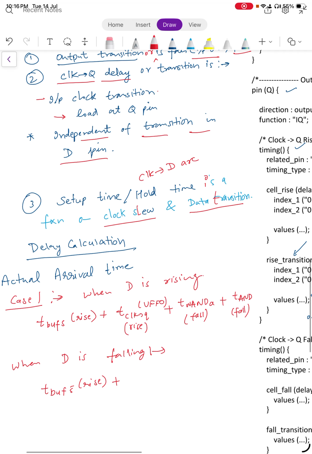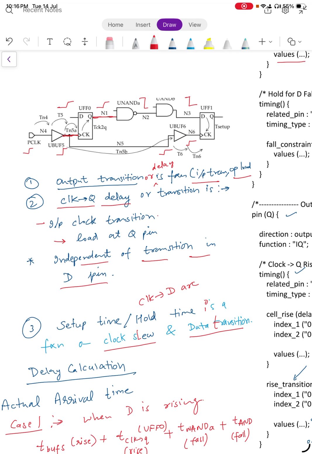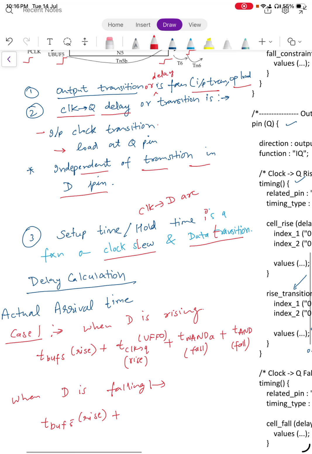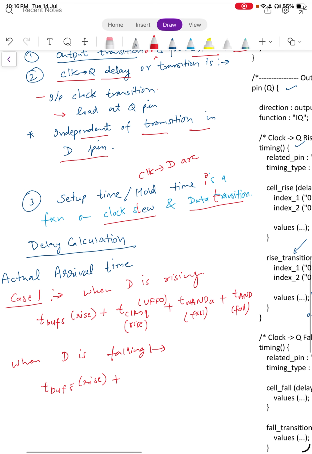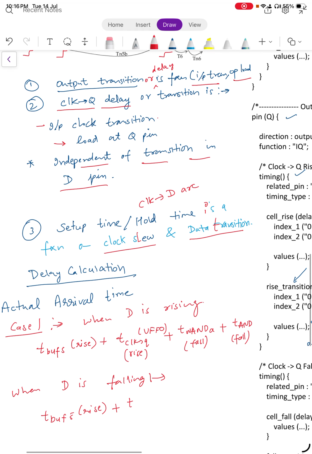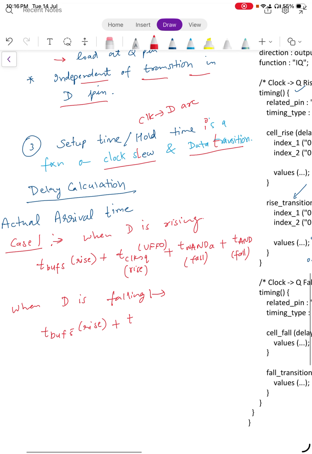I am not writing the equation for the net delay here, but it can be written in the same manner. Then we have T clock to Q, which will now be a fall for UFF0.